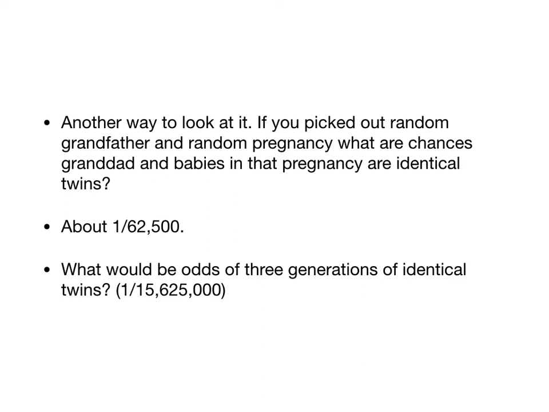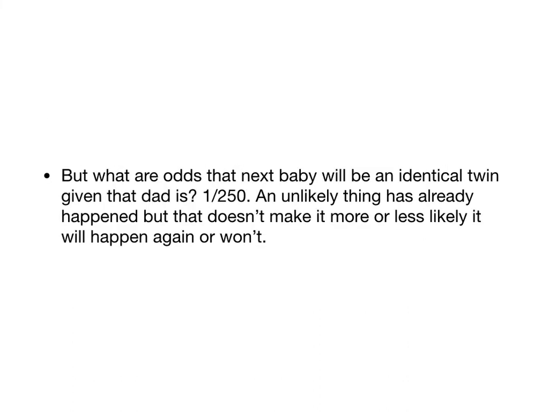But unless I've just completely messed up my math, and I'm not that bad at math, these are the odds, right? What would be the odds of 3 generations of identical twins? 1 in 15,625,000. But given the odds that you are an identical twin or your dad is, what are the odds that the next baby will be? 1 in 250. These are the general odds.